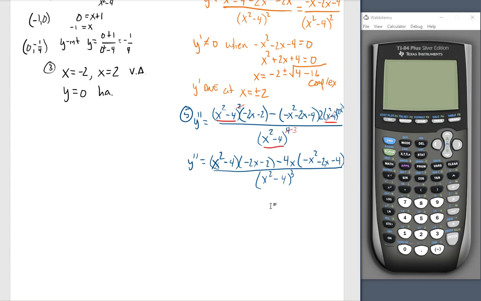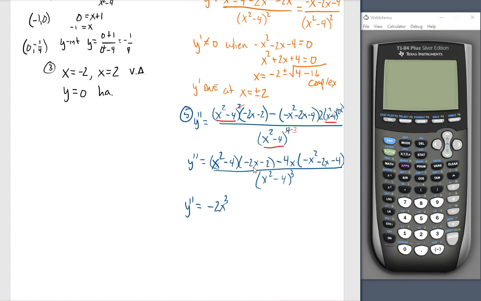We still have to simplify that numerator, but it's not going to be quite as bad because we have fewer factors to consider.